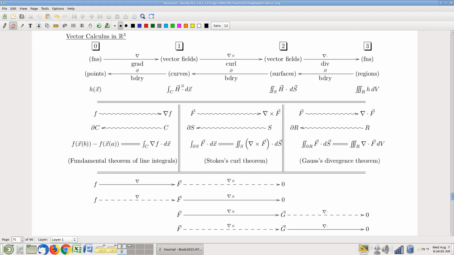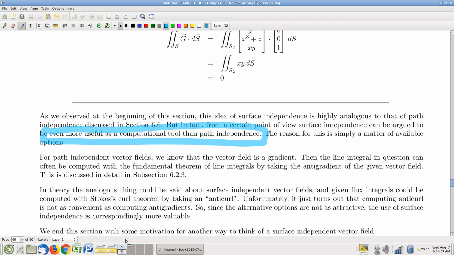So I'm going to make the claim here, though, that surface independence as a computational tool is more useful than path independence. And here's why. Let's talk about path independence for a second. How can we use path independence?